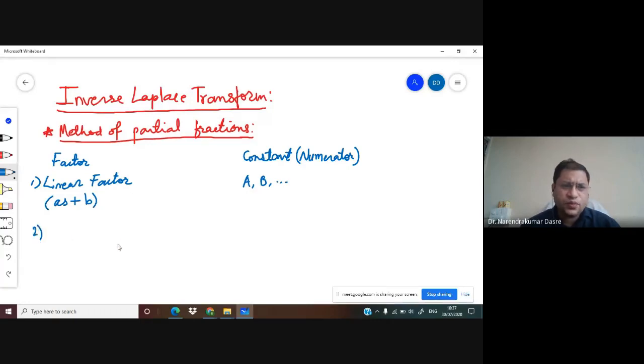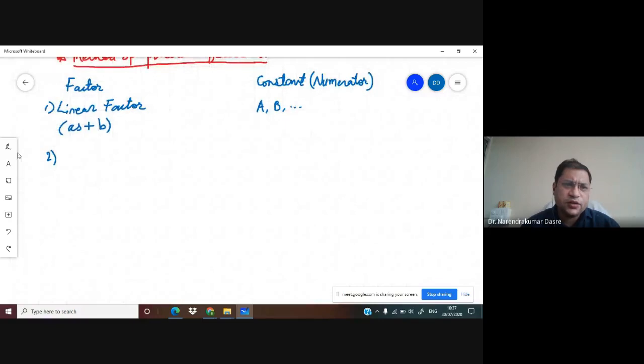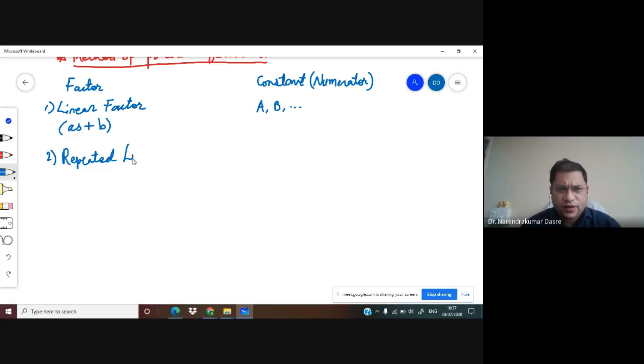Now second, you may have this linear factor repeated number of times. Okay, so for example, if I have repeated linear factor, that means your factor will look like as plus b bracket raised to r.